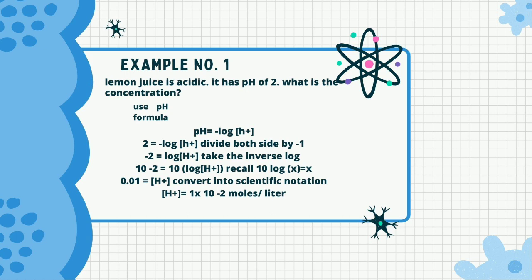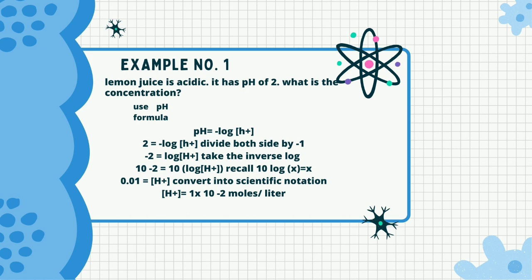Katong log is 10 to the power of negative 2 man na siya, guys. So 10 to the power of negative 2 is equals to 10 times log of the concentration of H plus. So recall 10 to log equals to X. So mo ni siya ang result 0.01, which is equals to the concentrations of H plus ion.